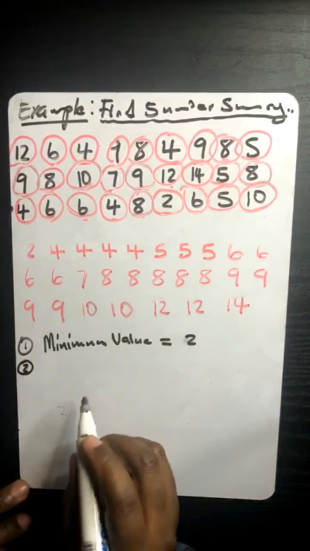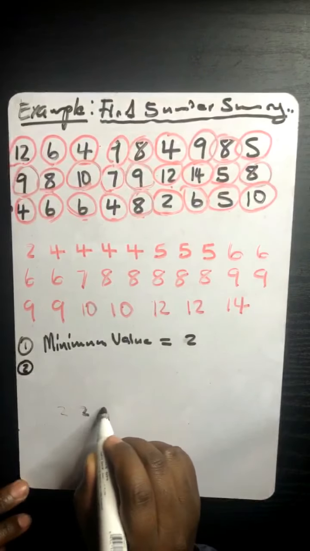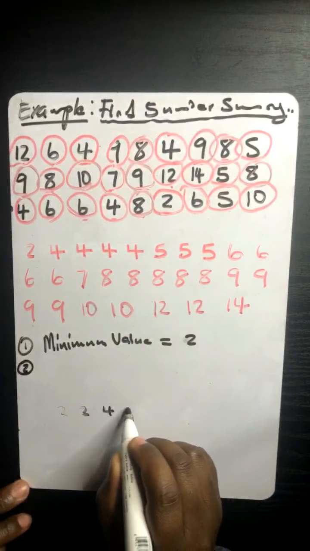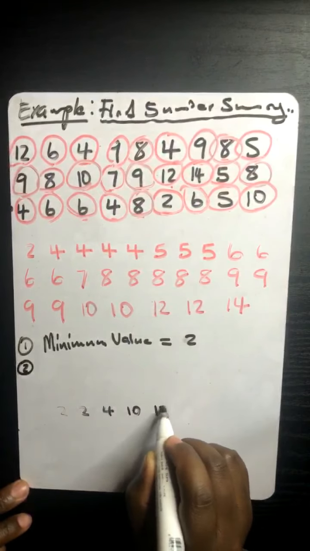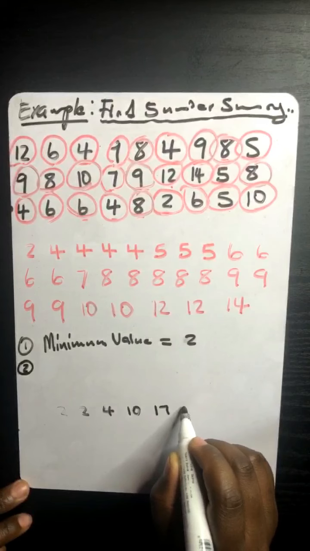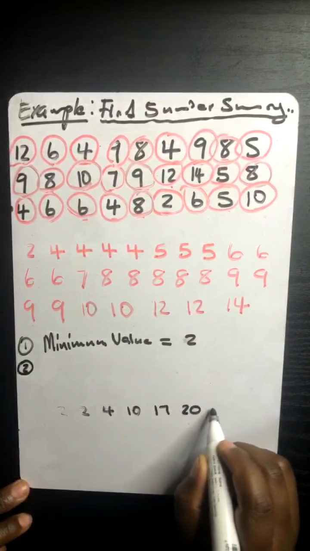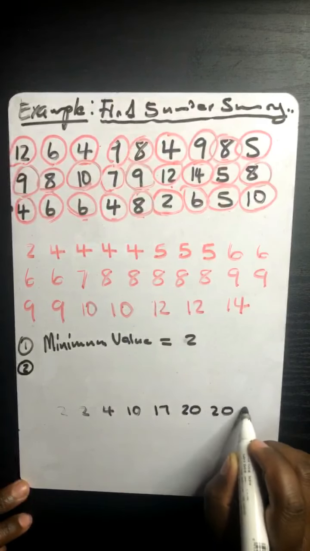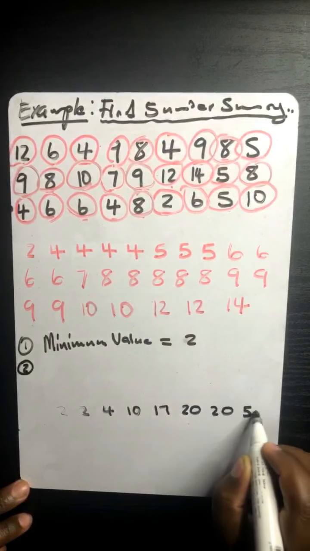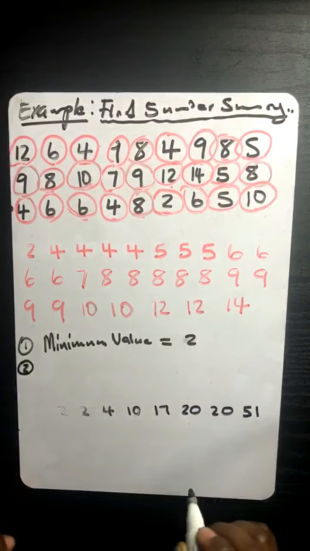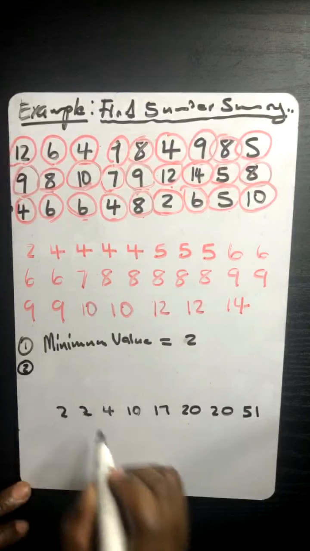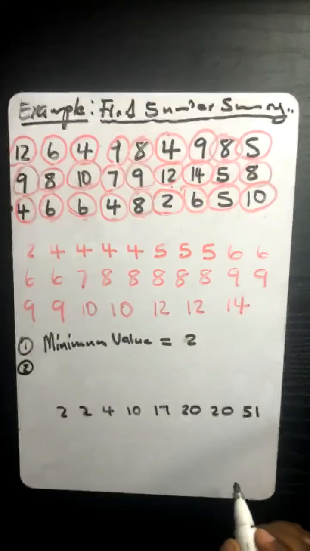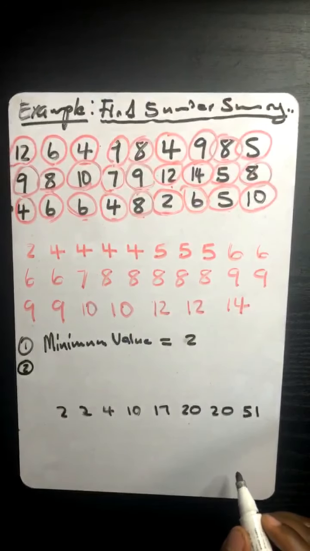Let's say we have 2, 4, 10, 17, 20, and 51. Can you see? This information is arranged in order.